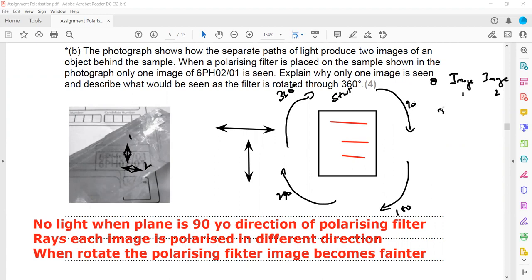In the beginning, the angle is 0. So when we see this light through a polarizing filter, which image will we be able to see? If we take it as originally horizontal, we are able to see image 2, but image 1 won't be seen because its plane is in a different orientation. Then when we rotate 90°, what will happen?